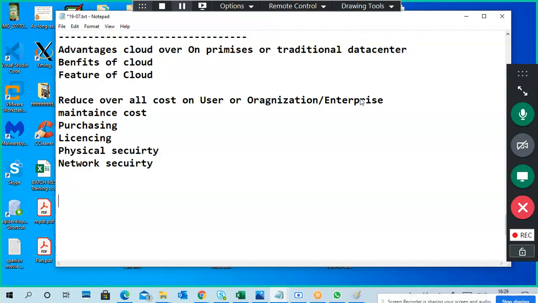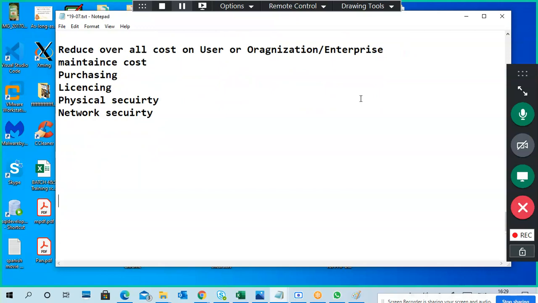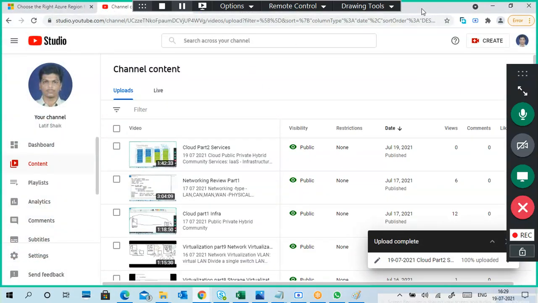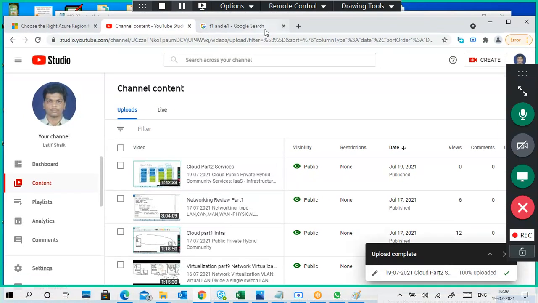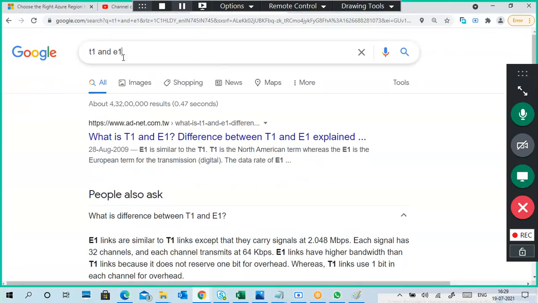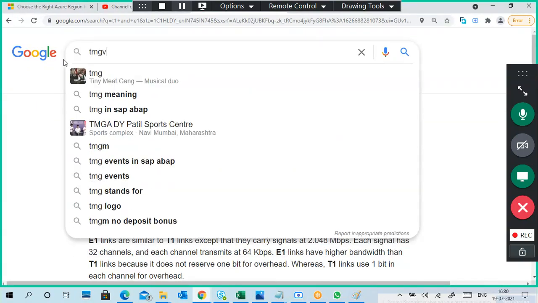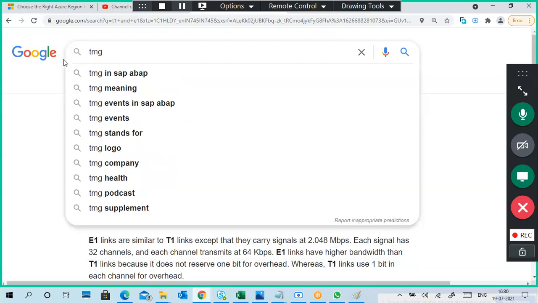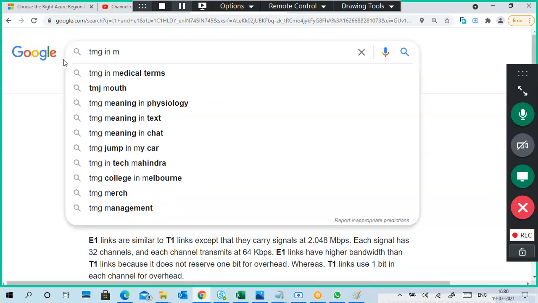Okay, yeah, proxy. Just this morning I tried and recollected. If you want to create a proxy server, Microsoft Threat Management Gateway. Okay, you can try searching in Google, Threat Management Gateway in Microsoft.